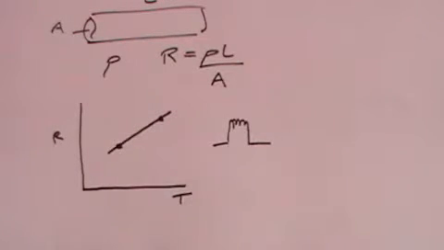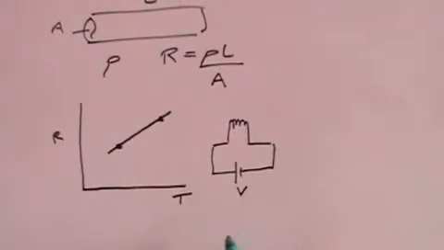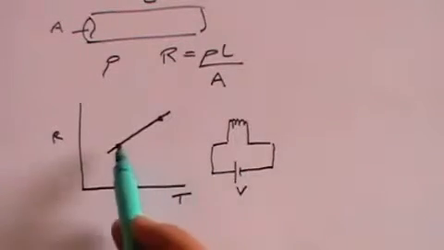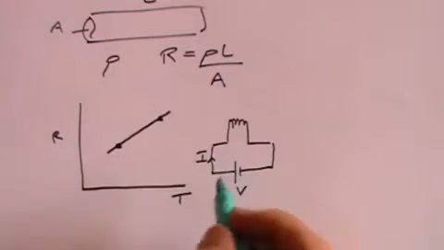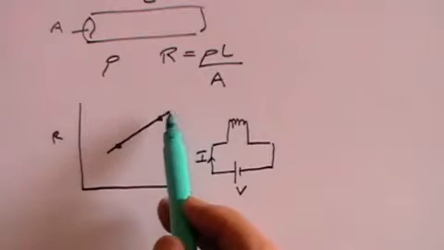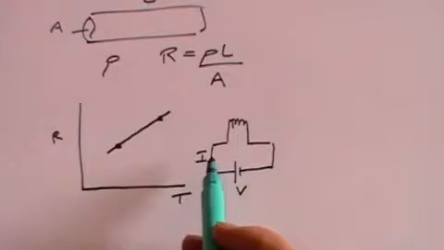Well, since you've got the same voltage across the lamp at all times, what that means is that when the resistance is quite low, then the current will be quite high. But when it's heated up, then the resistance is much higher and the current will therefore be much lower.